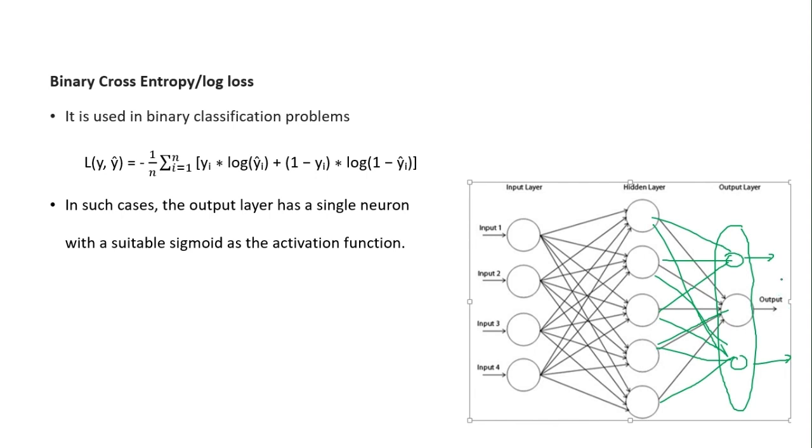For example, you have a multi-class classification problem like the one we are going to discuss in the next class, a cat, dog, human classifier. There are three classes, so definitely there should be three neurons at the output.